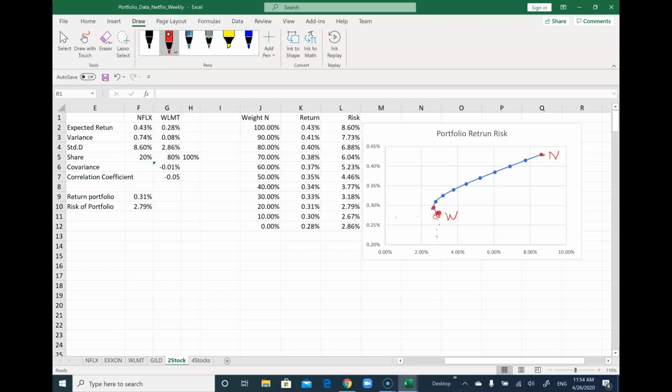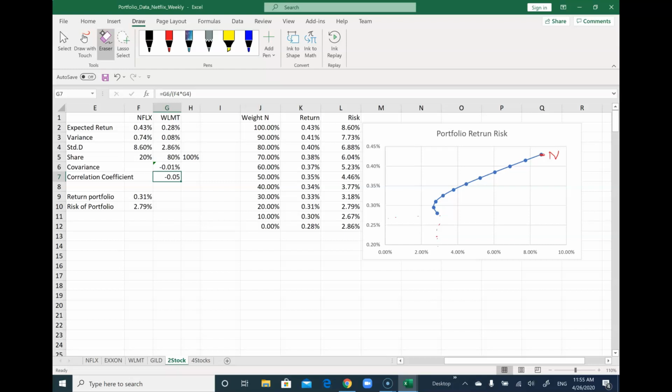Another good thing about creating a chart like this is we can easily see how important the correlation coefficient between the two assets is. In this case, the actual correlation coefficient between the two assets was negative 0.05, and this chart is created based off of that.